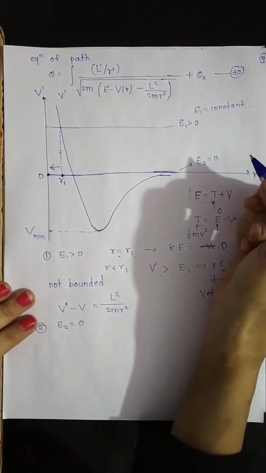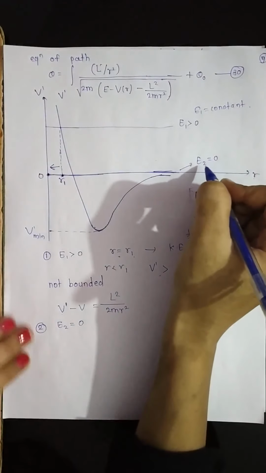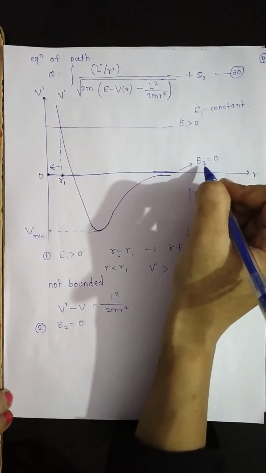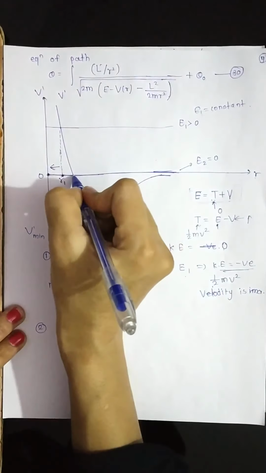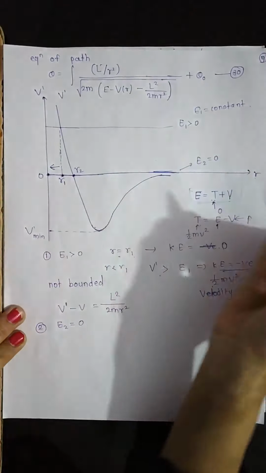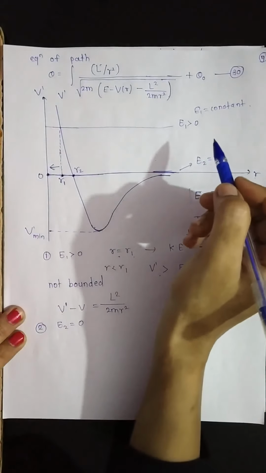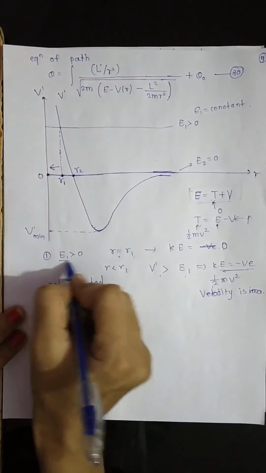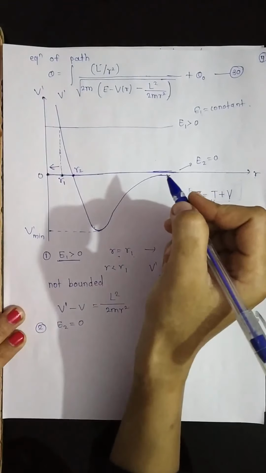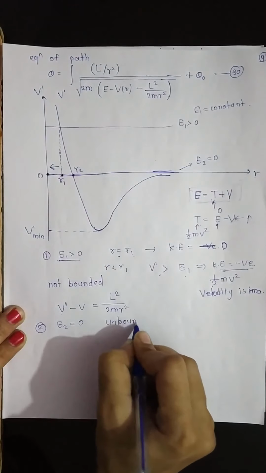Now at which point will it come to the turning point? This is the point where r is equal to r2. If the energy of the particle is 0, we again have a case similar to E greater than 0. The motion is unbounded.